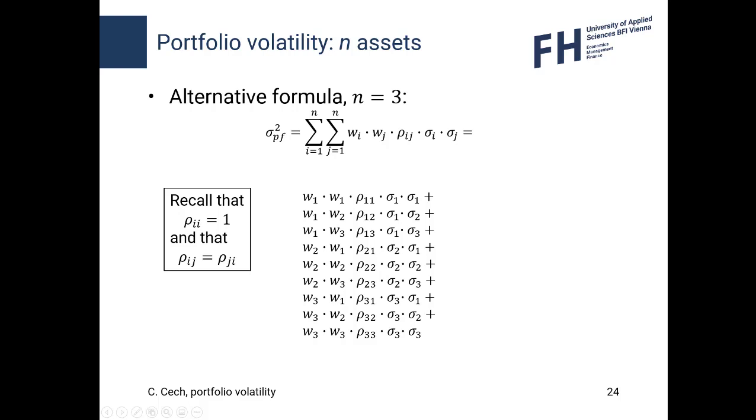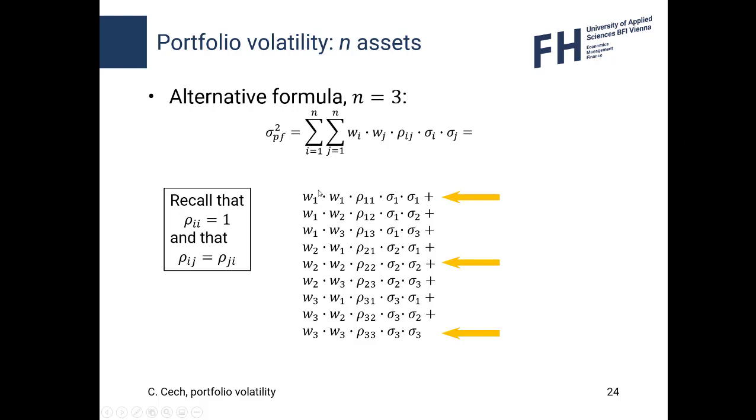At first sight it looks a little bit different from the results that we got from our cookbook recipe, but when you have a closer look, then you see that these three terms here correspond to the first part of the formulas I've presented to you before.